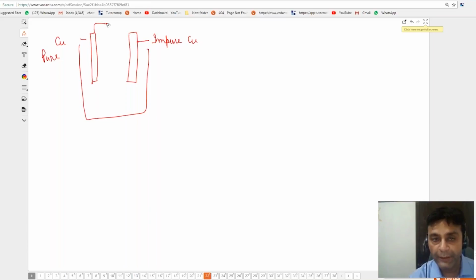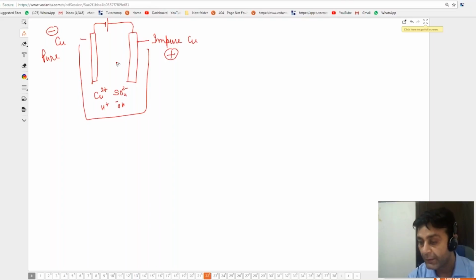Now we are connecting it with a battery. The pure copper is connected to the negative terminal, and the impure copper is connected to the positive terminal. And here we have copper sulfate solution. It's the electrolysis of the copper sulfate using the copper electrode only. Using the copper electrode, one pure, the other impure.